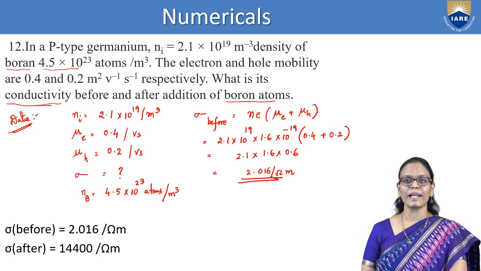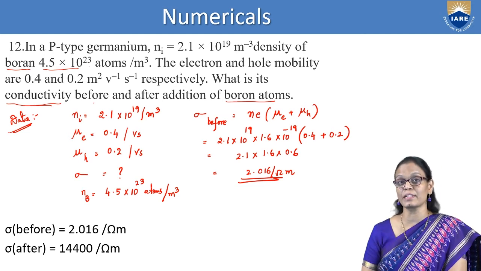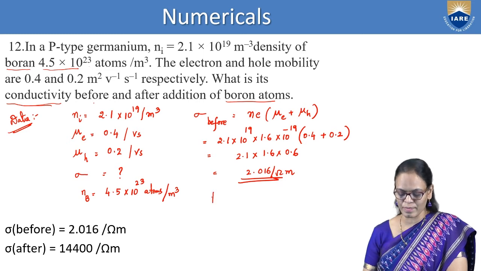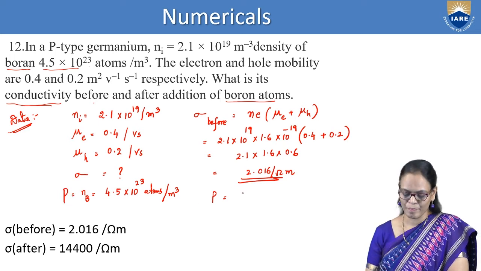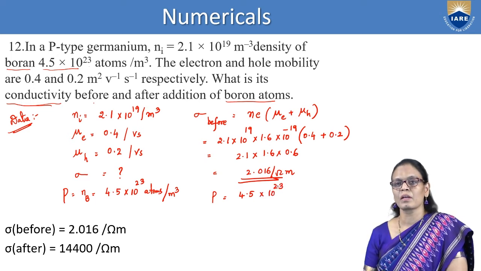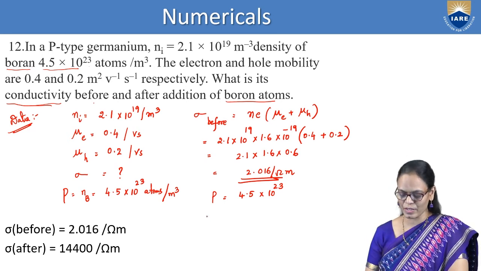Now, how do we calculate the conductivity after adding the boron atoms, that is, after adding the trivalent impurity? Now the concentration of boron atoms, I'll write it as p, is 4.5 into 10 power 23. How will the formula for conductivity get modified?